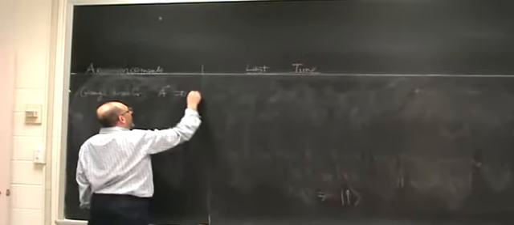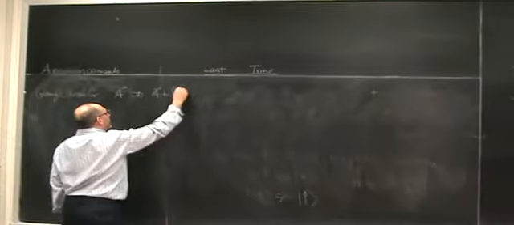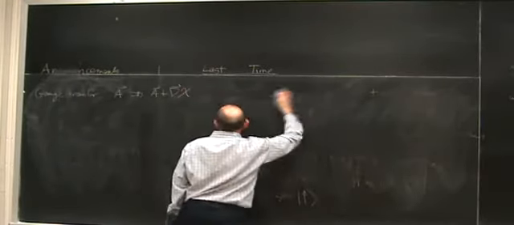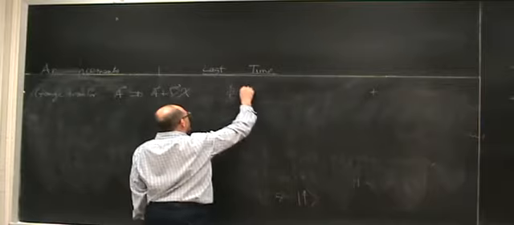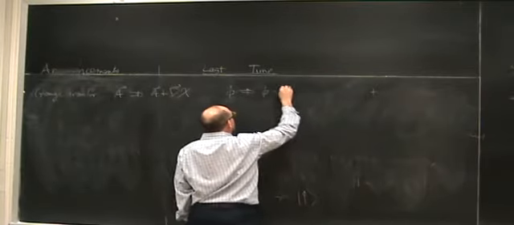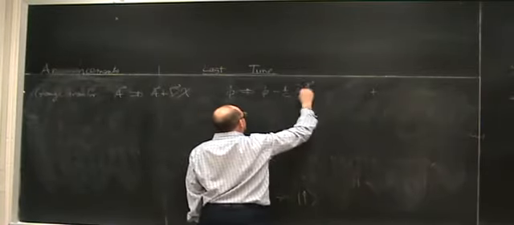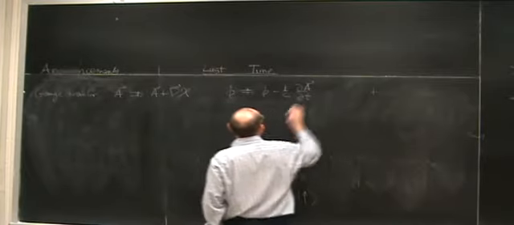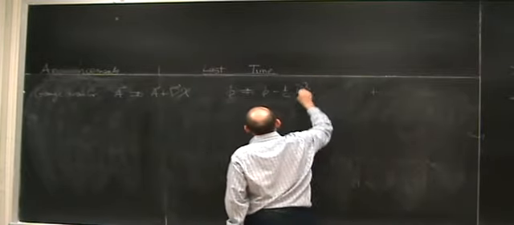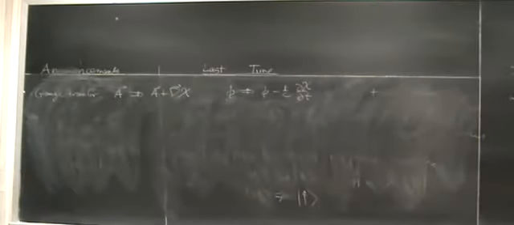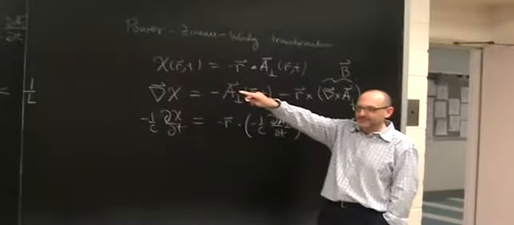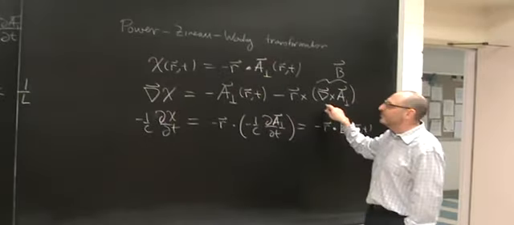A goes to A plus the gradient of the gauge function, and the scalar potential goes to the old scalar potential minus 1 over c d chi dt, pardon me. And I plug this into the minimal coupling Hamiltonian. And what do I get? Well, this is going to subtract off the vector potential, which was, and then leave me with this.